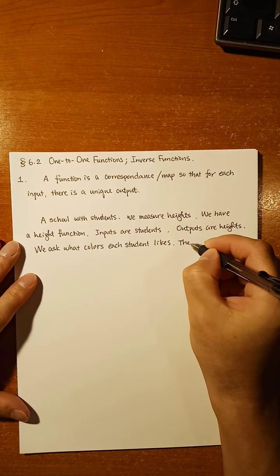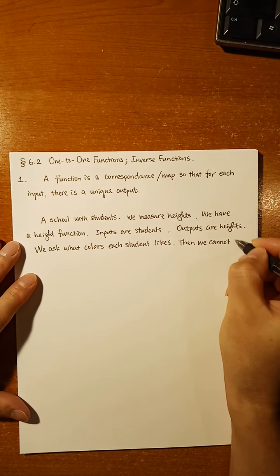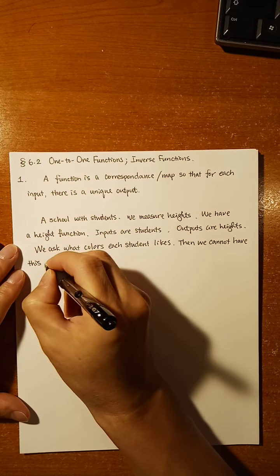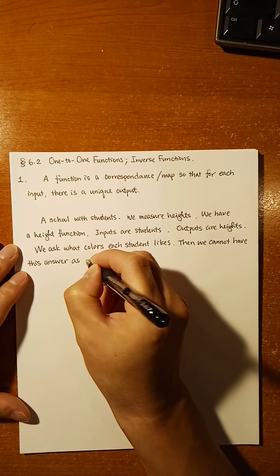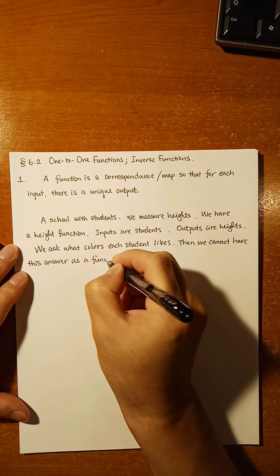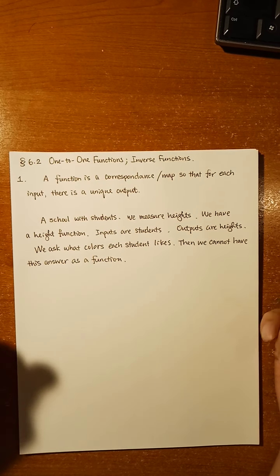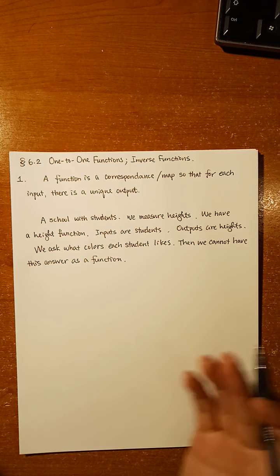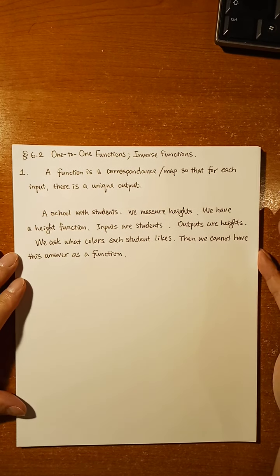Then we cannot have this answer as a function, because the output is not unique. You can have 10 favorite colors. That's possible, right? We like a lot of stuff.